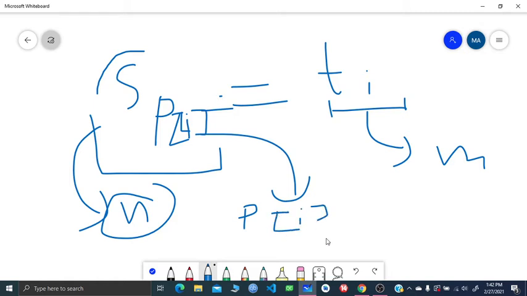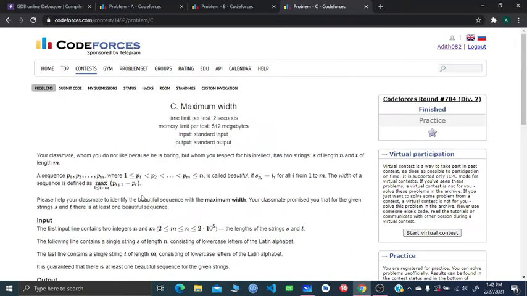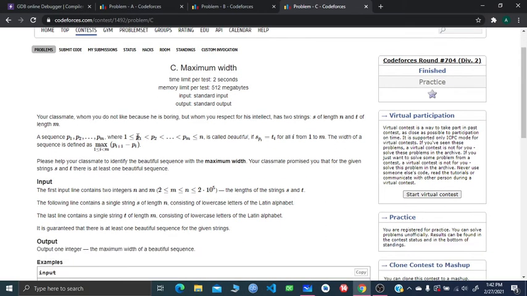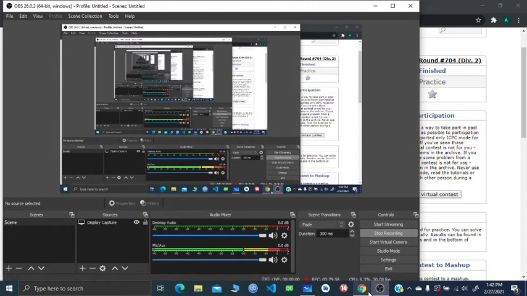So this p of i also consists of m elements.